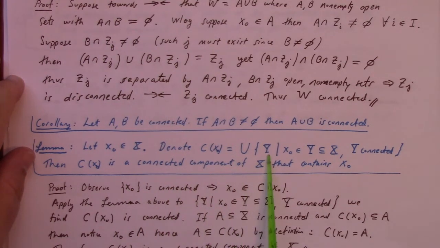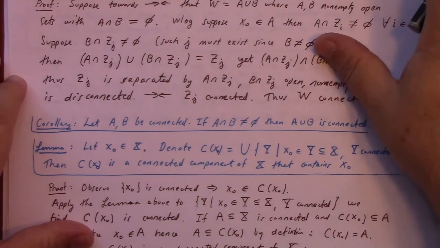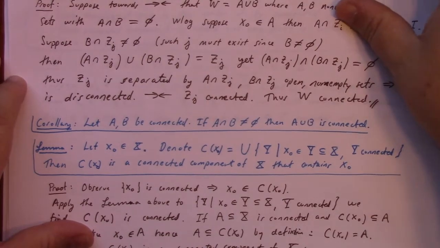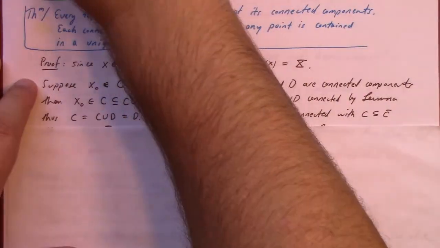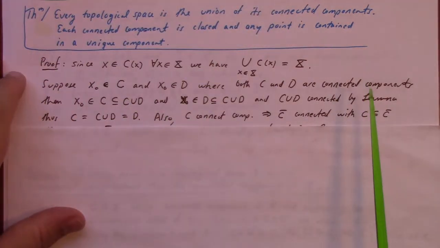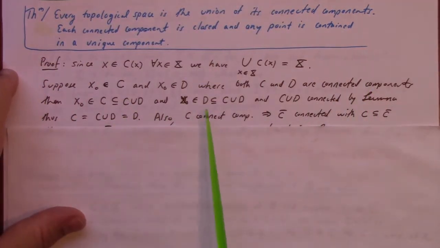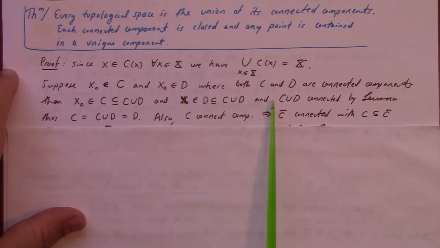the union of all subsets which contain x naught is the connected component. So let's see here, union of all sets which, so let's see here.